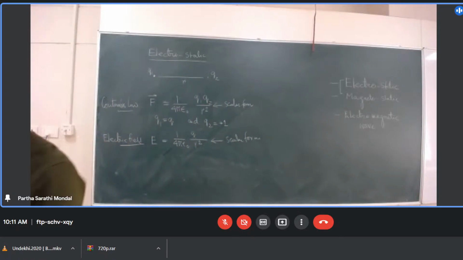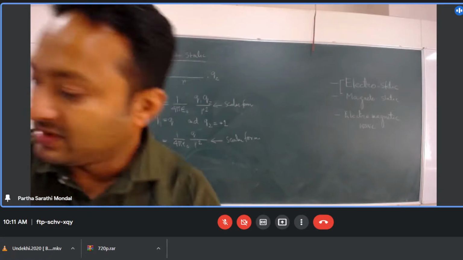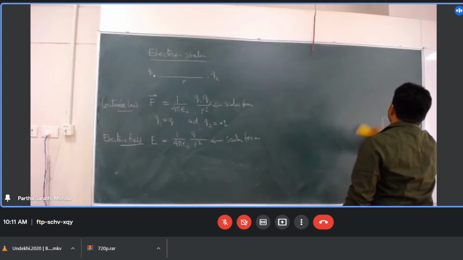So now, since we have learned a lot about, not a lot, maybe sufficient about vector, our job is to express this law actually in a vector form. Okay. So let us try to write this electric field in a vector form.